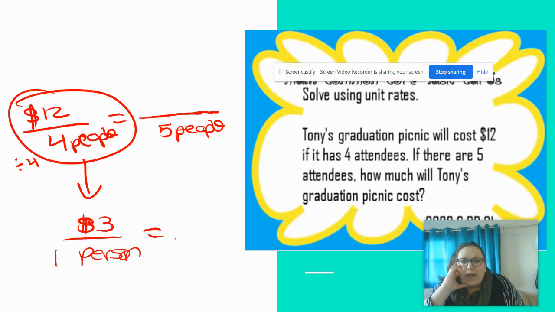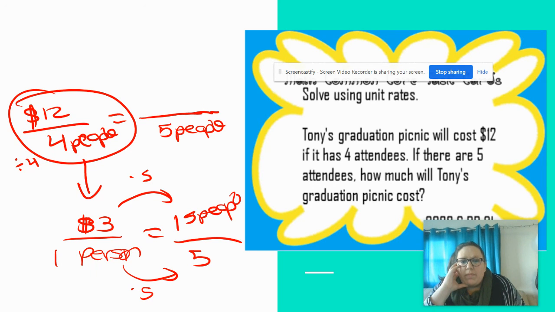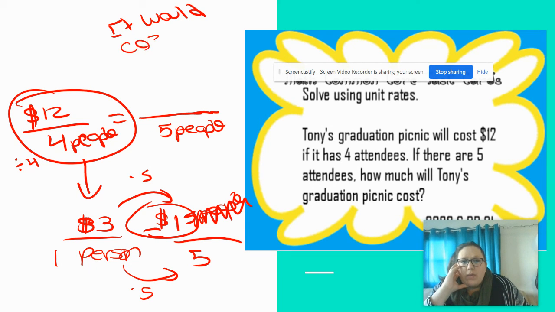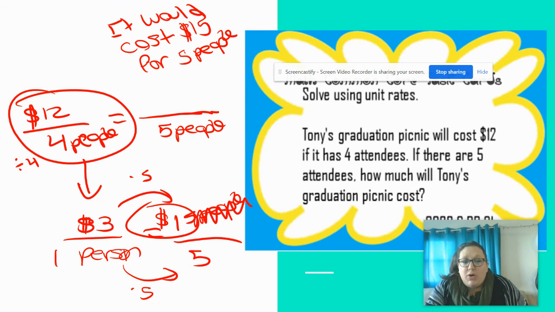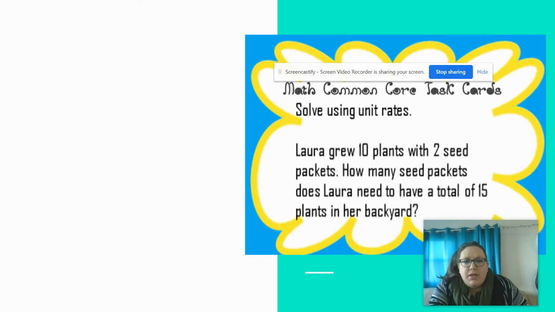Now I would multiply that to get to 5. 3 times 5 would be $15, sorry, not people. Then our sentence: it would cost $15 for 5 people. This is because $12 for 4 people means that it is $3 per person. Multiply that by 5 and you would get $15.